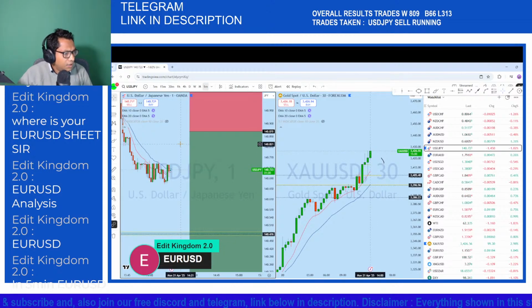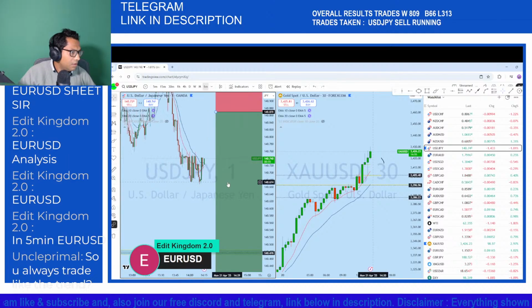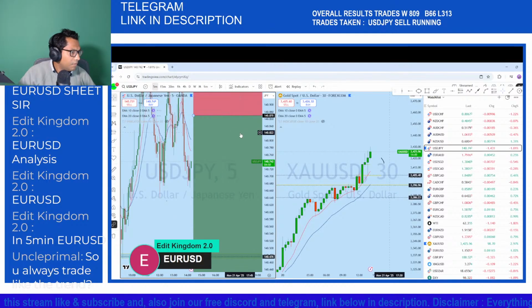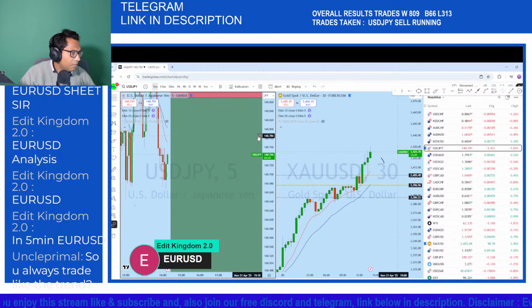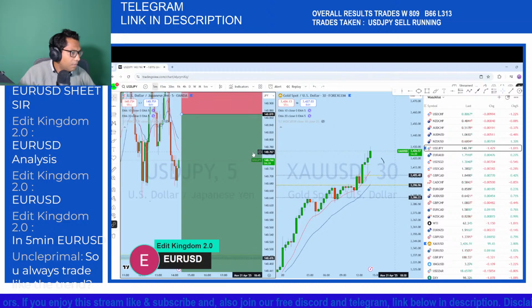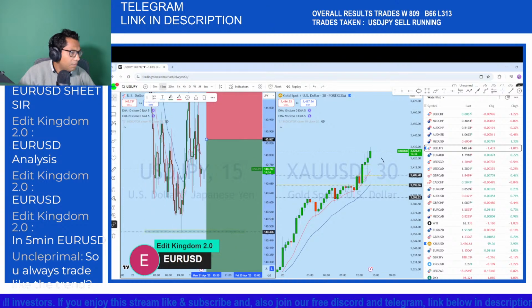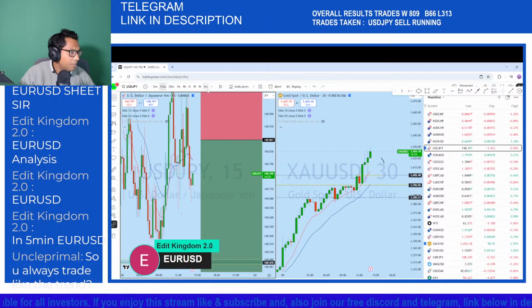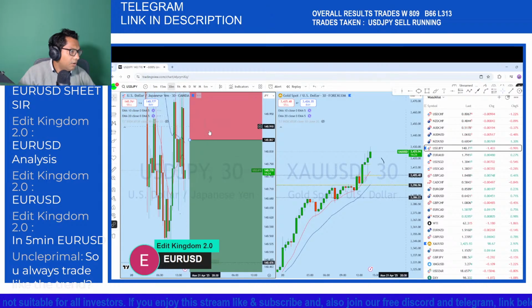So dollar yen forming okay, so we will be looking for it.